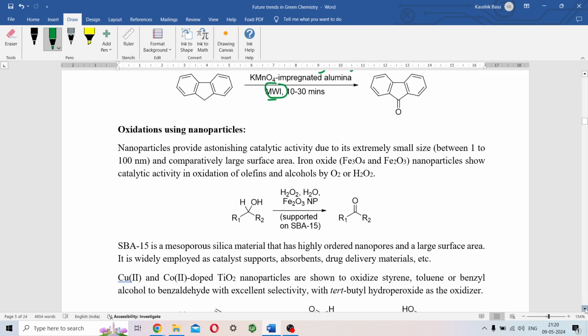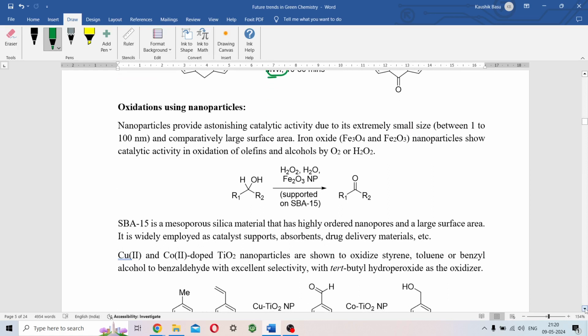Nanoparticle based oxidations are quite common nowadays, and there exist maybe quite a few thousand examples. I have selected maybe 2-3 examples for illustration purposes. Because of their very small size, the catalytic activity of nanoparticles is widely different from the same material not in a nanomaterial state.